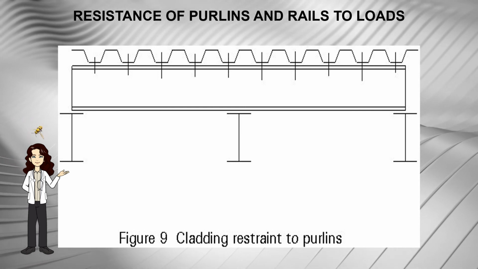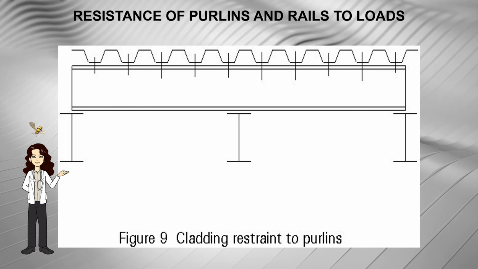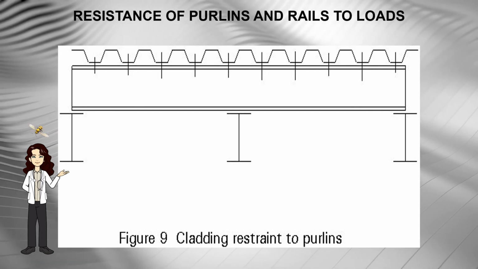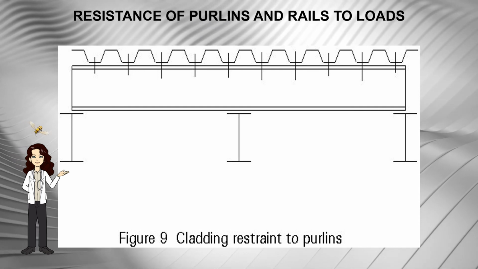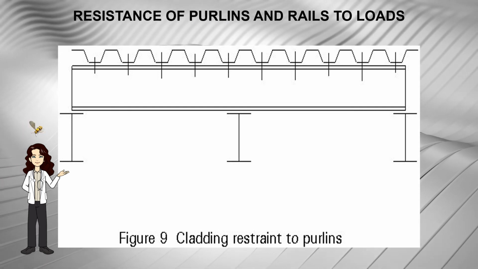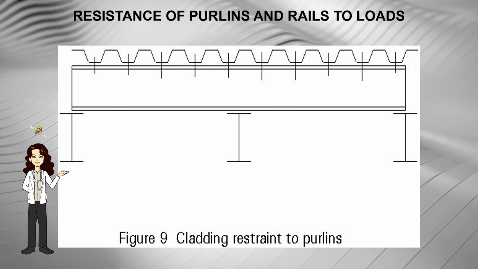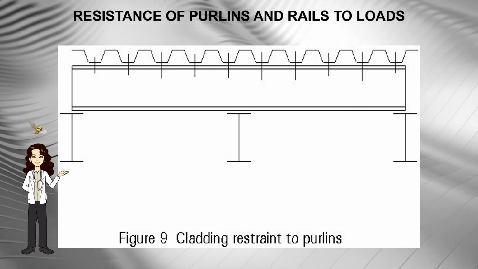Therefore, for a typical double-span system as shown in Figure 9, most of the compression flange is directly restrained laterally and against rotations by the cladding for downward loading, but it is not so restrained in the case of load reversal.